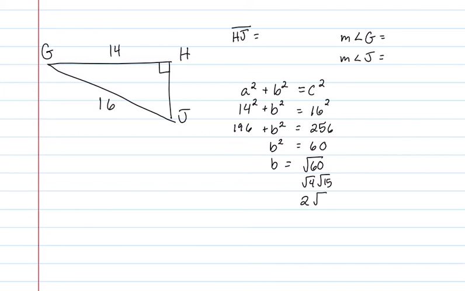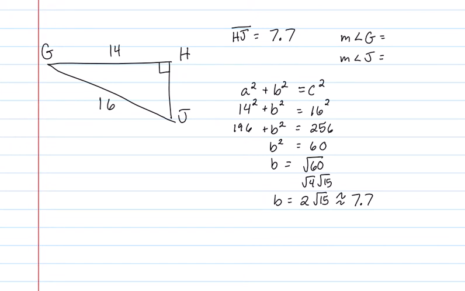So the true exact answer of your b there, or your HJ, is 2 radical 15, but likely it's going to say round to the nearest tenth, so we'll say 7.7 here. So HJ equals approximately 7.7.